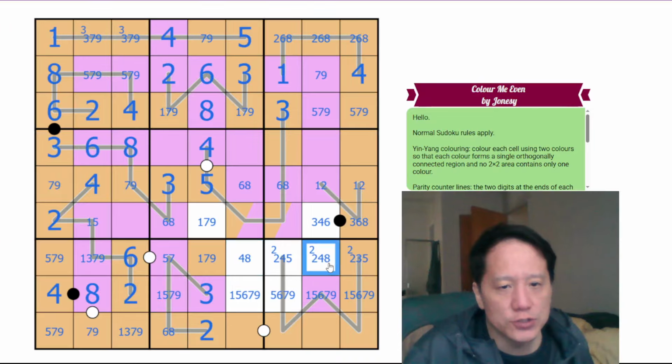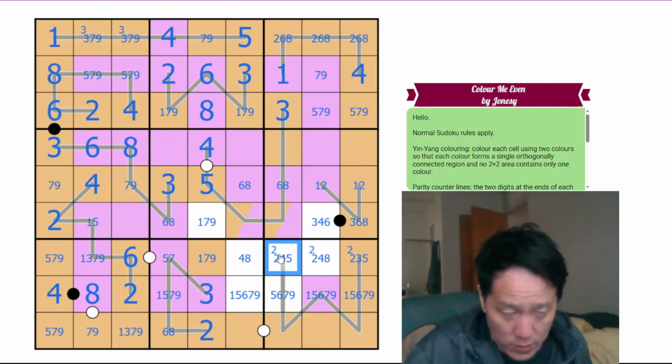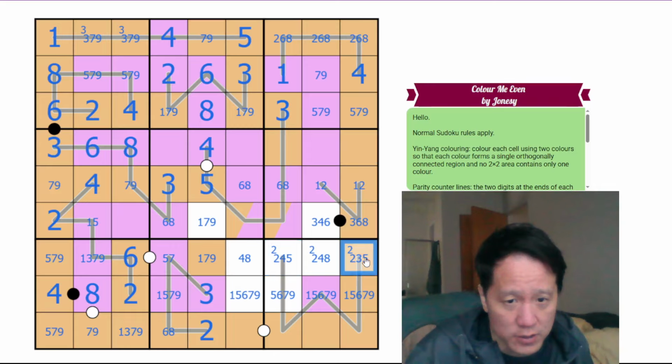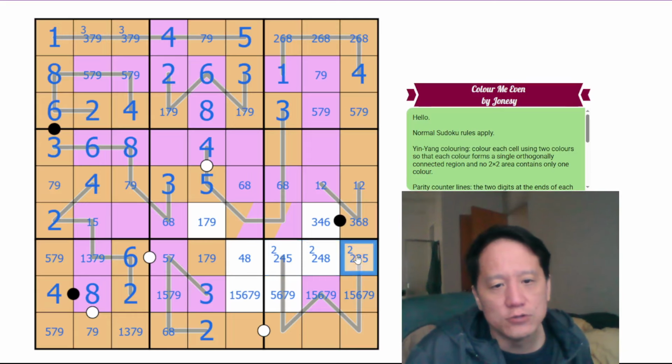If this is 2, this would be 3, 3, and 4. And that would work because 2 would guarantee you don't have 4 evens in this box.